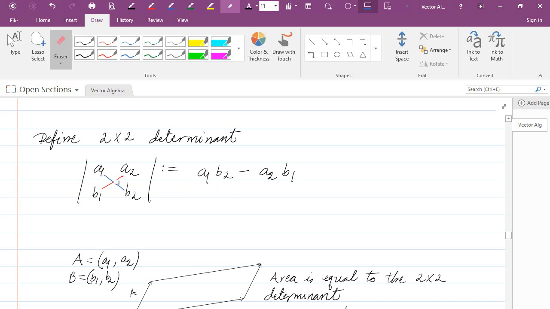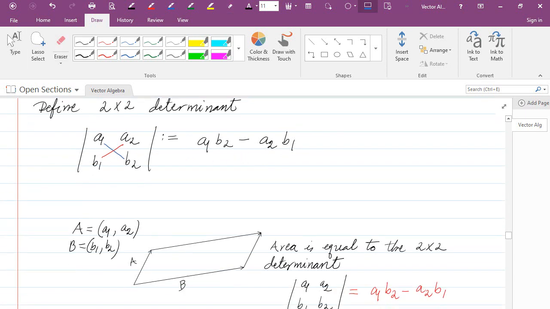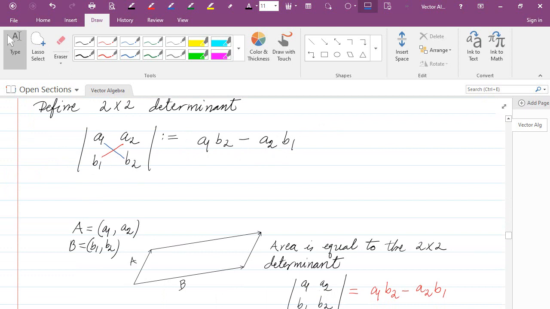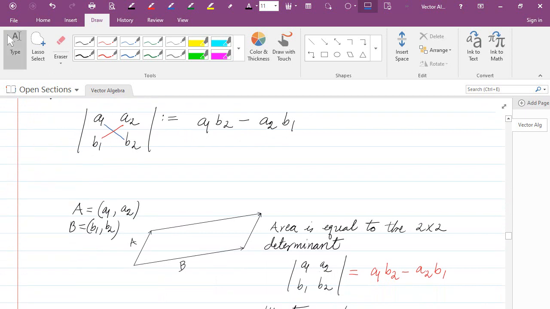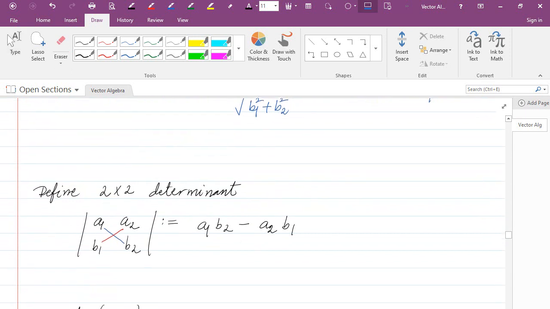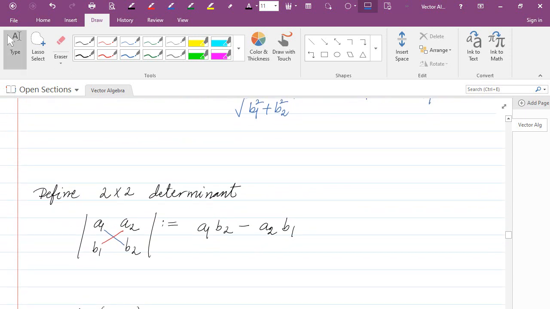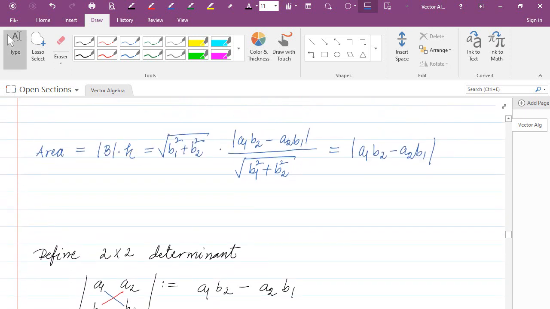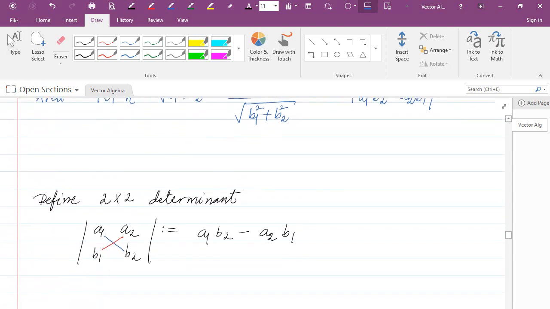It is A1 times B2 minus A2 times B1. So this is the 2 by 2 determinant, and the way we're defining it here is exactly what I have in the absolute value sign for the area of the parallelogram.